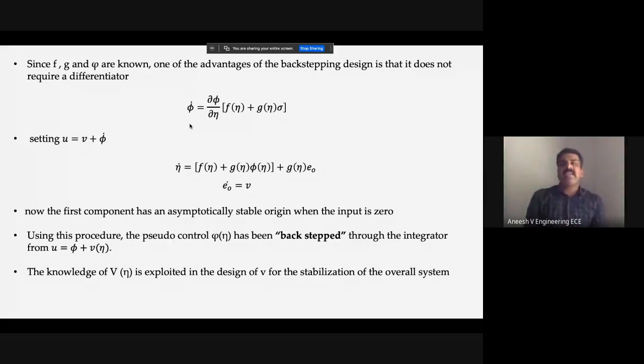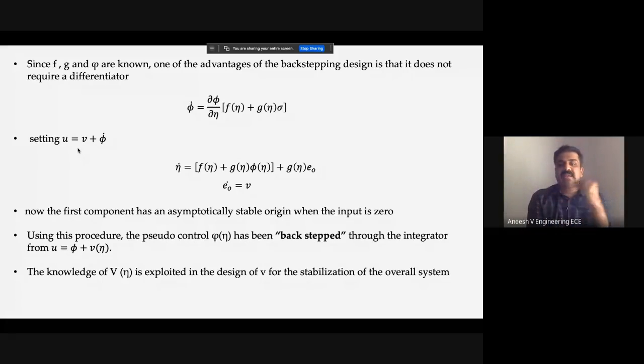Similarly, this is the main advantage of the backstepping technique. We don't require a differentiator there. The entire thing is integration based. Then in this particular case, we set an input variable into the system as v plus phi dot.